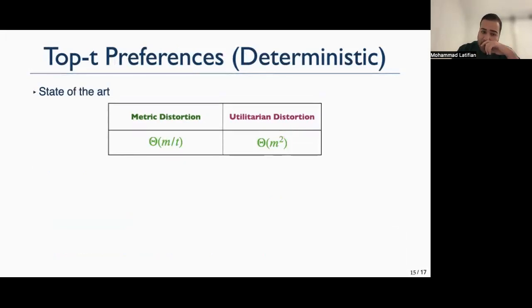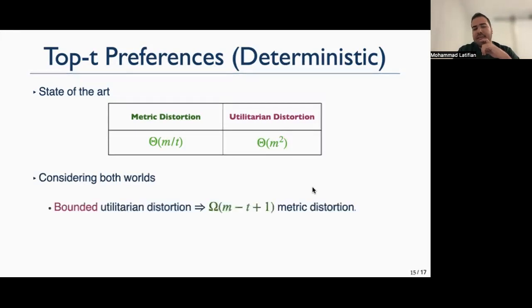So here we know that the best metric distortion that we can get with having only access to top T preferences is theta of m over t, while the best utilitarian distortion that we can get with a deterministic rule is theta of m squared. Considering both worlds, we prove that it's not possible to get the best of both worlds in this setting.